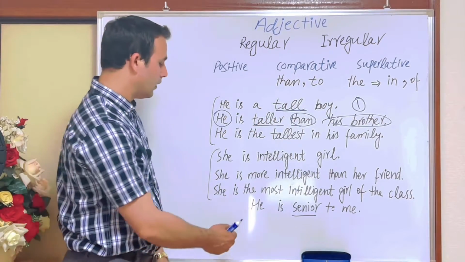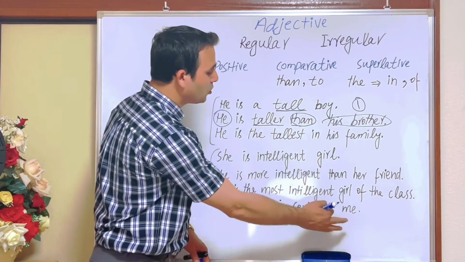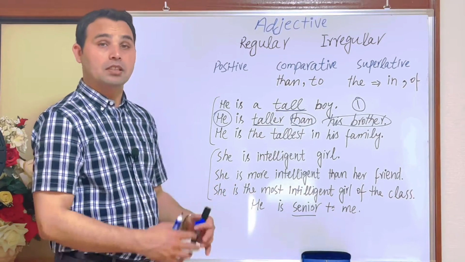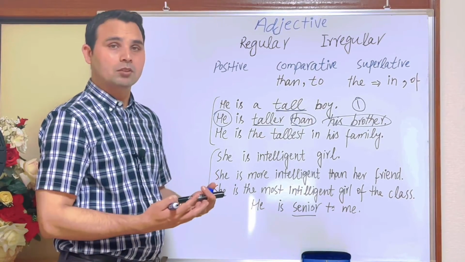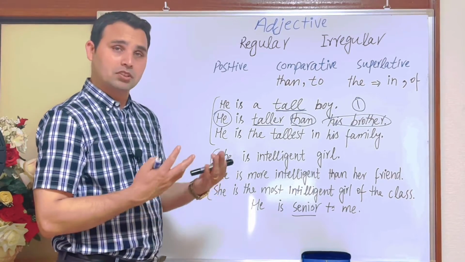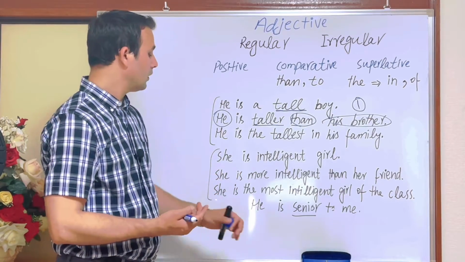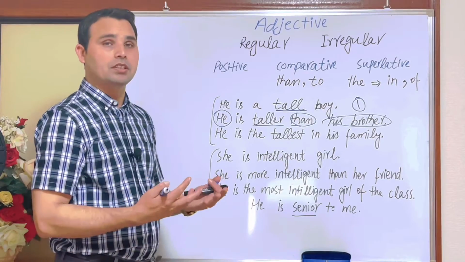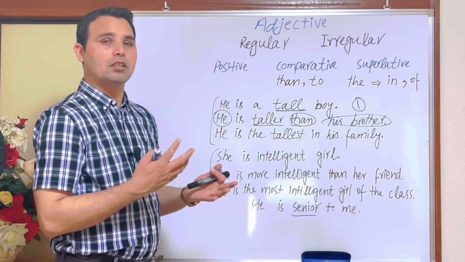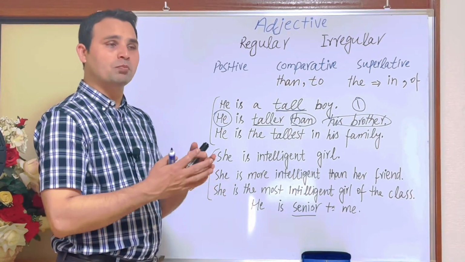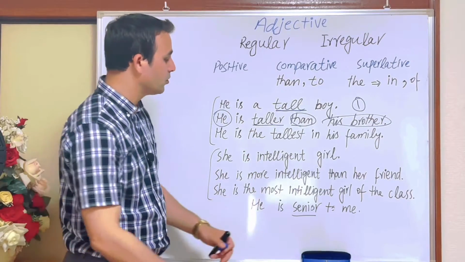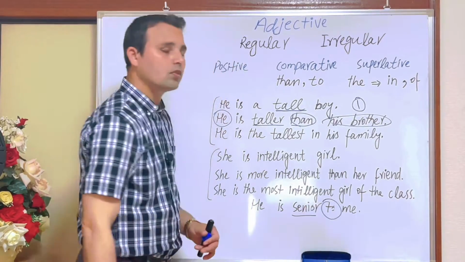Another example is, he is senior to me. Senior is also an adjective. Junior is also an adjective. For junior, for senior, such kinds of adjectives, when you're going to compare between two persons, you have to use to.